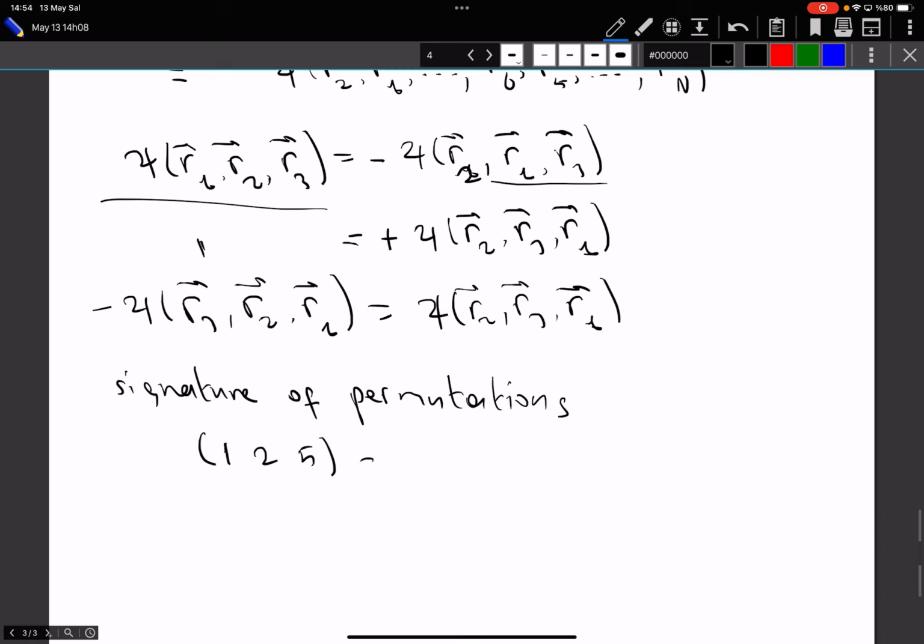I can write this as 1, 5, 1, 2. So 1 is mapped to 2, and this doesn't do anything with 2. In these two permutations, 2 is mapped to 1, which is then mapped to 5. So 2 is mapped to 5. This doesn't do anything to 5. This maps 5 to 1.